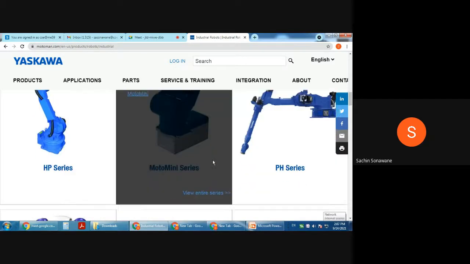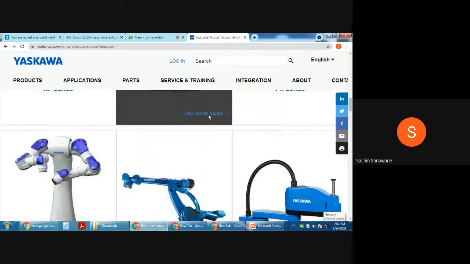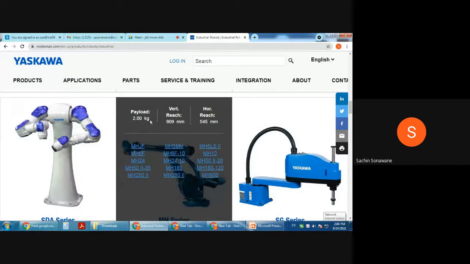Then this PH series, PH130RF, payload 130 kg, vertical reach 4151 mm, horizontal reach 3474 mm. And PH200RF, payload 200 kg, vertical reach 2629 mm, horizontal reach 3505 mm. These are the different specifications of the different robots.